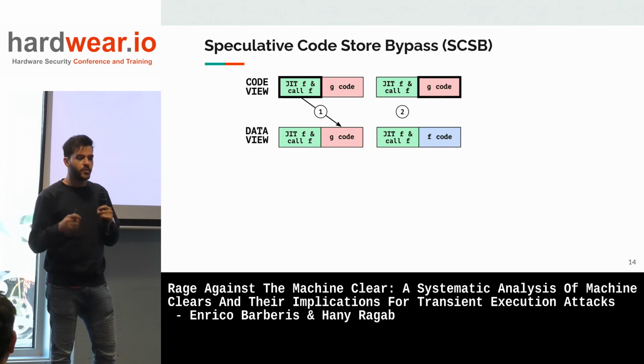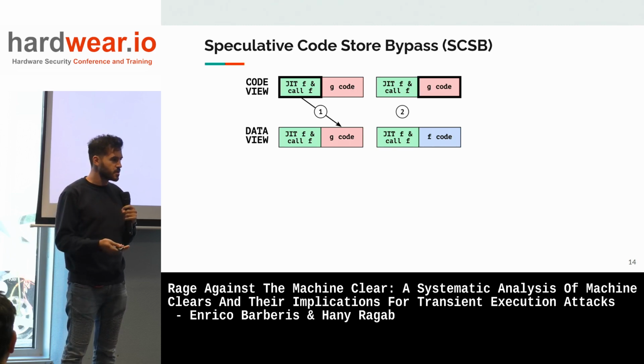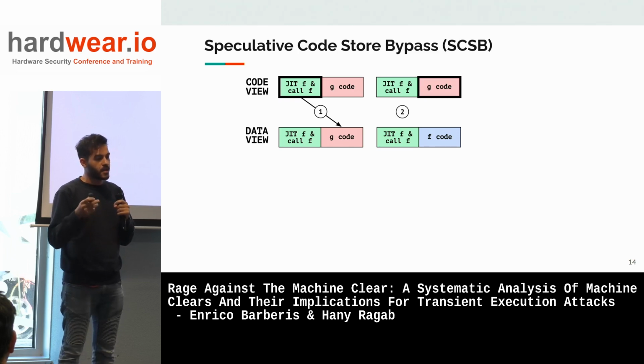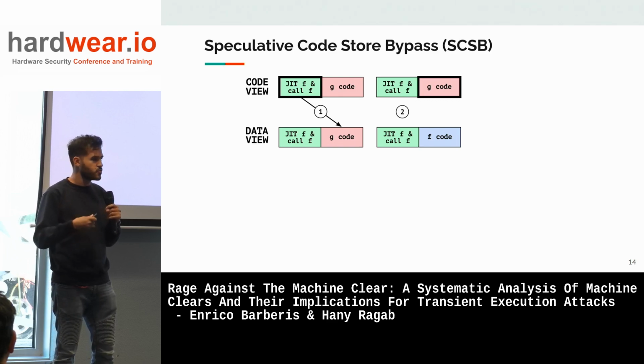Then imagine if we now try to call function f, which we just stored. The processor will fetch the code that is residing at that exact address from the code view, from the front end. So it will fetch, in this case, the code of function g, allowing this transient execution of the code which was already residing on those addresses in the code view.